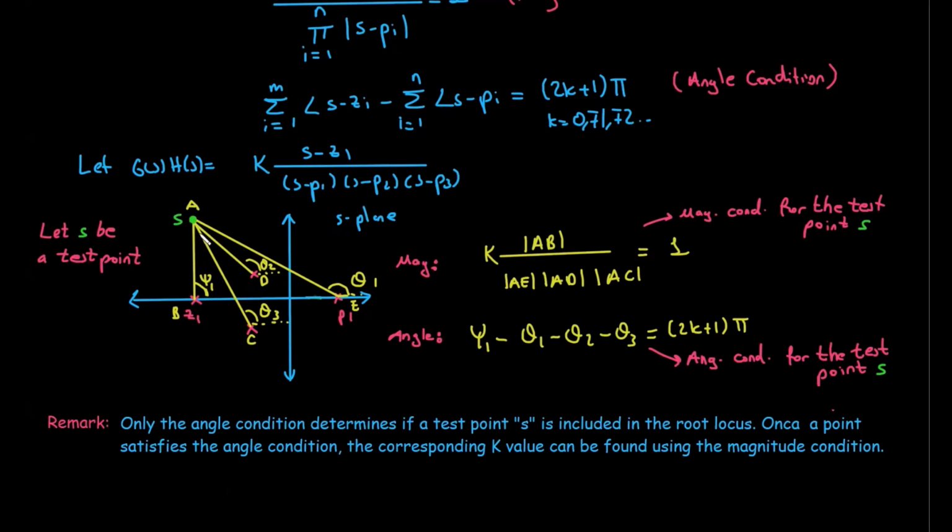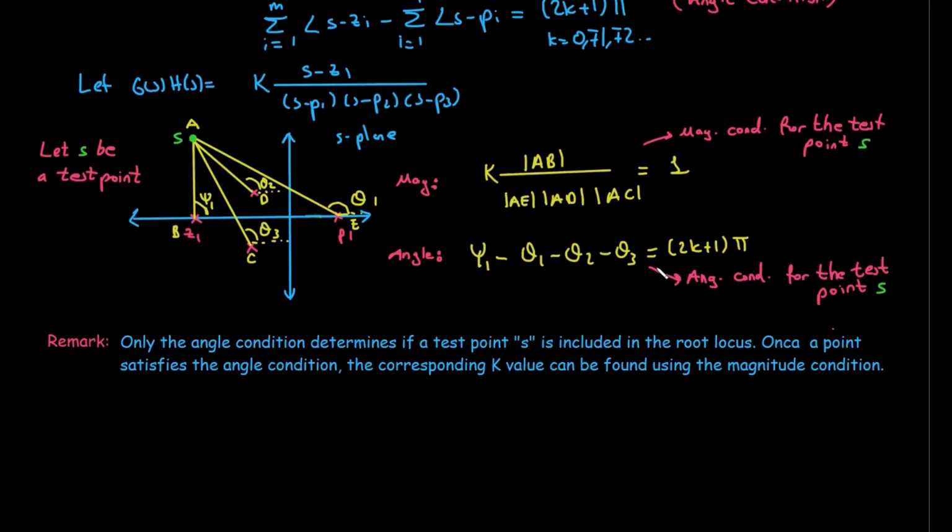As I said, if a point is on the root locus, that angle has to be an odd multiple of pi. And you can find the corresponding K value, if this second equation is satisfied, by computing these lengths.